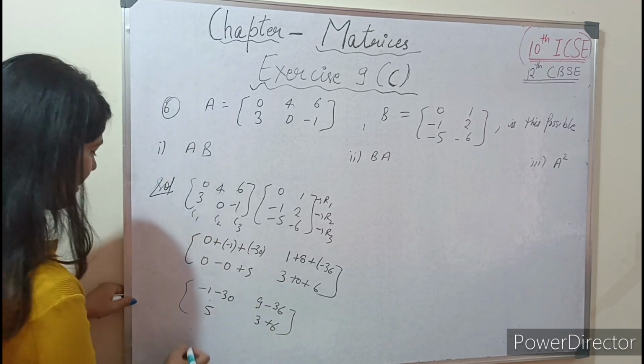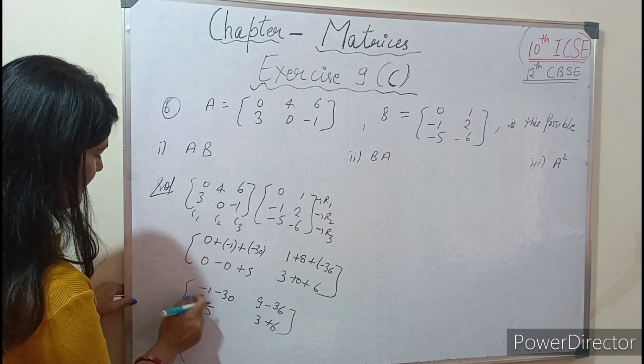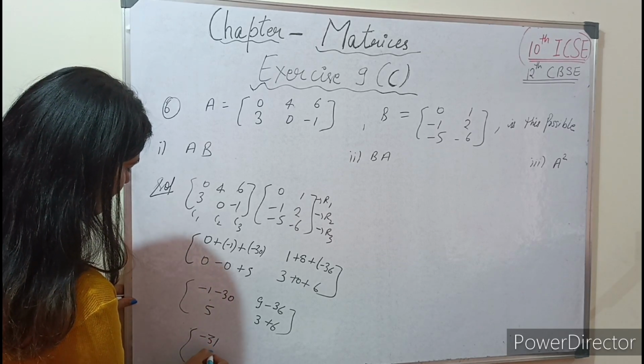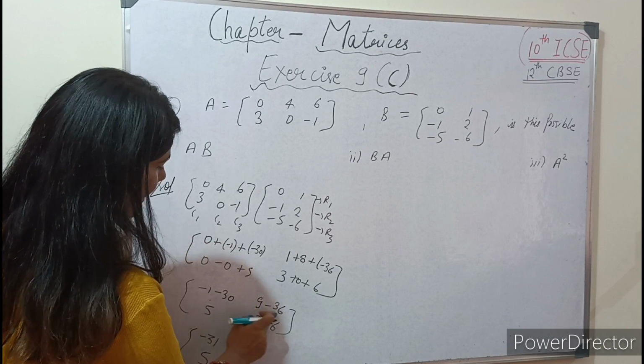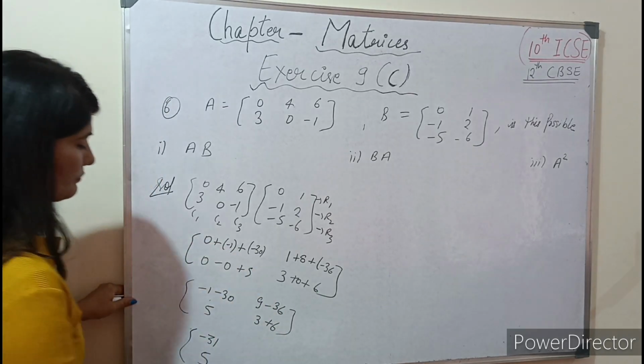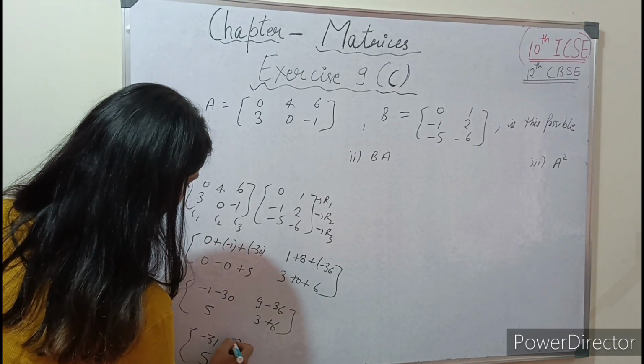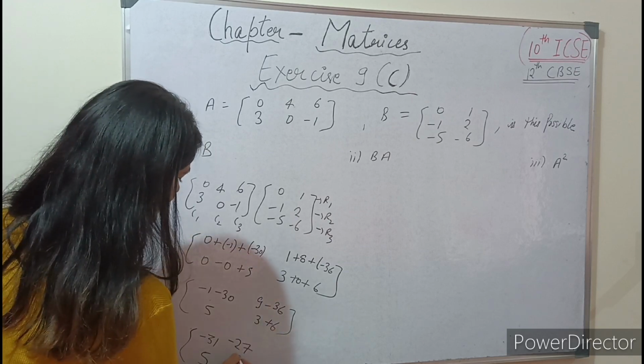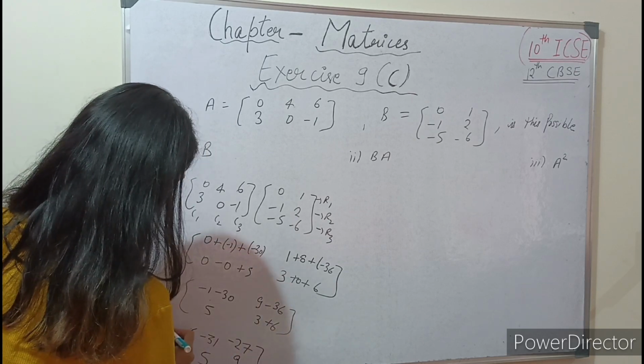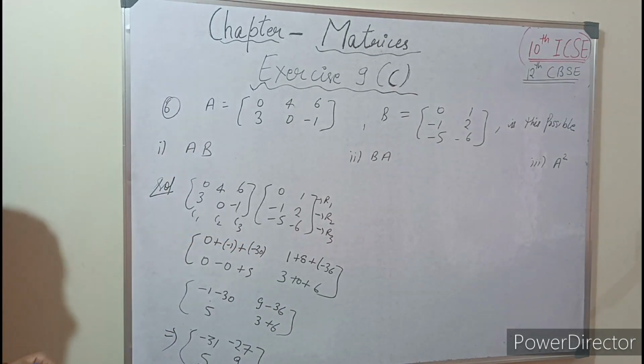So finally your answer is this, minus minus is plus, this is minus 31, this is 5, this is 9 minus 36 is, this is 27, minus 27 and 6 plus 3 is 9. So hence this is your answer.